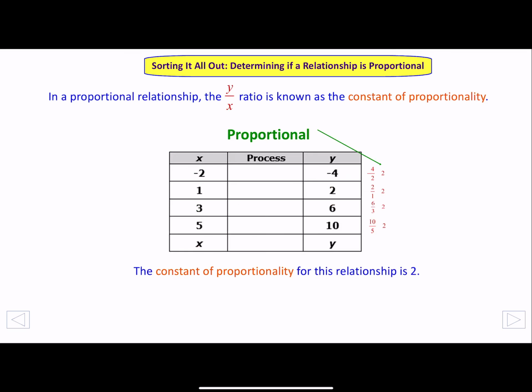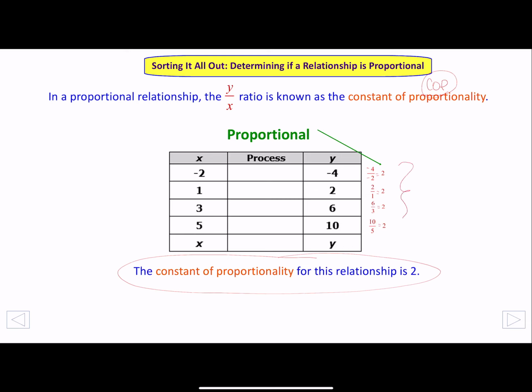Okay, so in a proportional relationship, the y over x ratio is known as the constant of proportionality, often referred to as COP. So if we have the constant of proportionality for this relationship, we can say that -4 divided by -2 will equal 2. 2 divided by 1 will equal 2. 6 divided by 3 is 2, and 10 divided by 5 is 2.